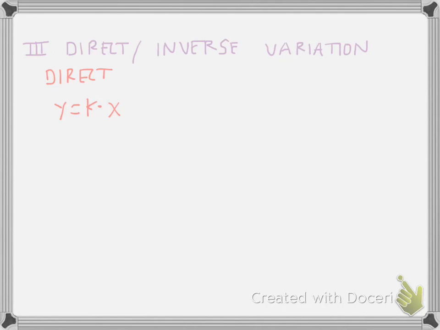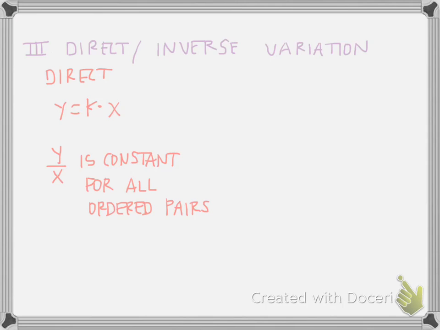So y over x is constant for all ordered pairs. Direct variation always goes through the origin. The equation always goes through the origin.